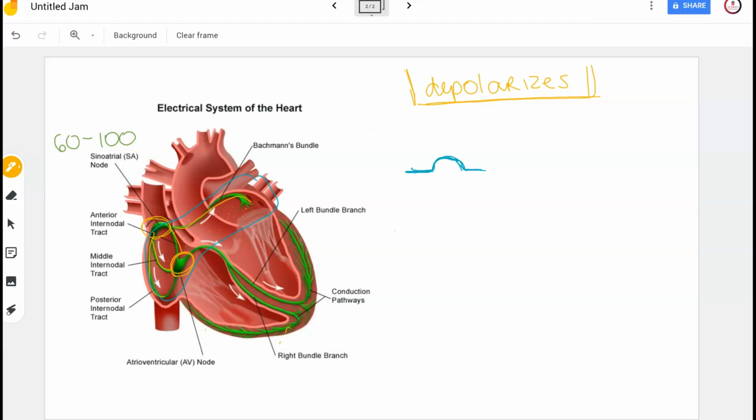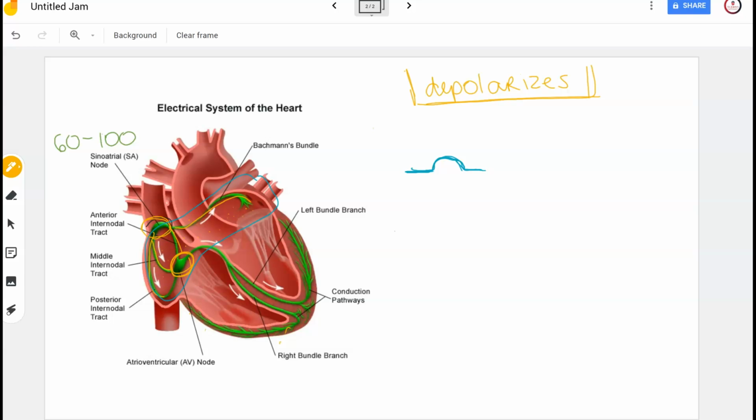The AV node here is the gatekeeper to the ventricles. It makes sure that if the atria decide to lose their bananas, the ventricles, which are really the most important part of the heart in terms of moving blood around, are not overstimulated. Because if the ventricles are overstimulated, they can't pump effectively, and you end up with a cardiac arrest state, or a tachycardia that's not adequate to sustain life.